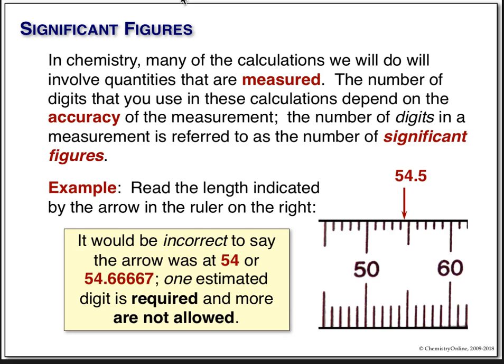This number has three significant figures. First two are real, and the last one is your best guess. If I said 54, clearly it's more than 54, isn't it? And if I said this was 54.66666, that would be stupid, because we don't know that.